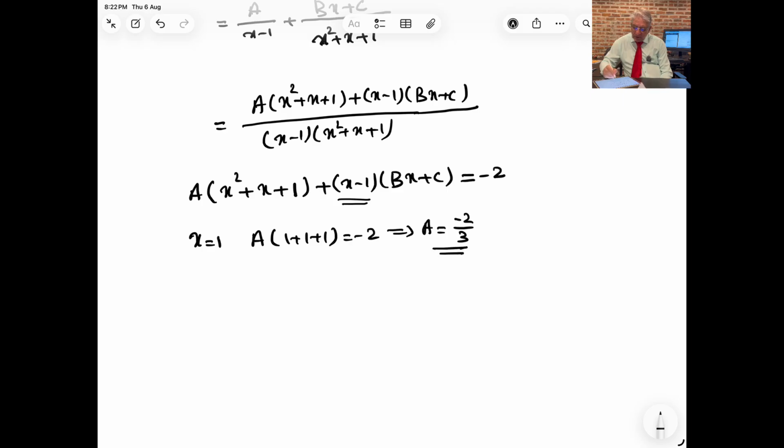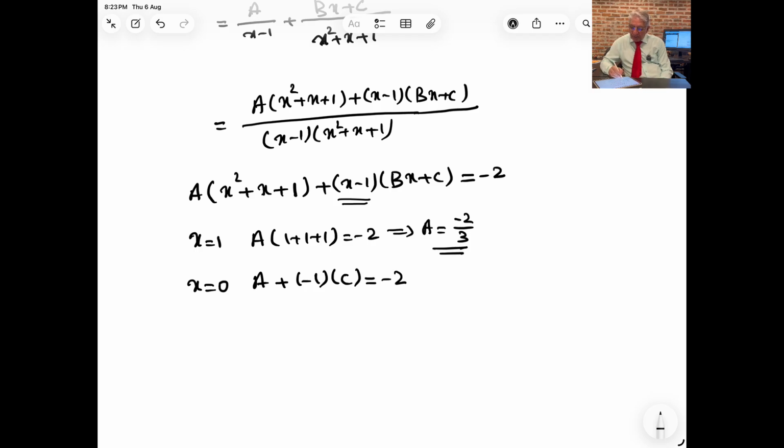Therefore, a we found. Now, how to find b and c? As I discussed before, you have to substitute numbers. As we discussed also, x equal to 0 is the easiest number which I can do. Therefore, this will be 0, this will be 0, you are going to get a. This will be 0, you are going to get negative 1 here times c is negative 2.